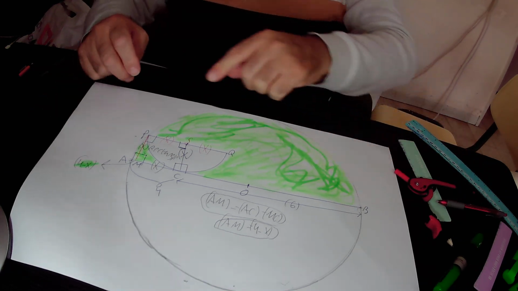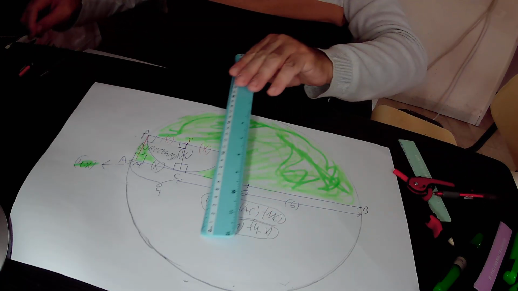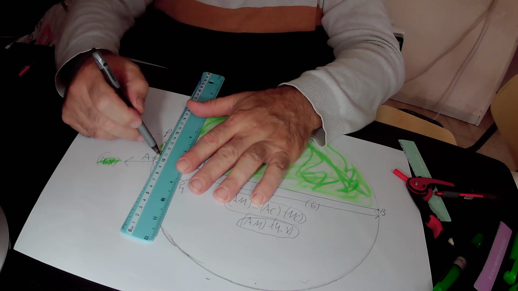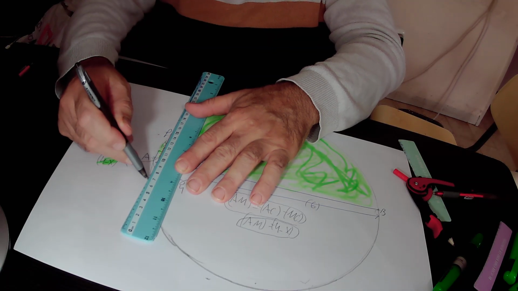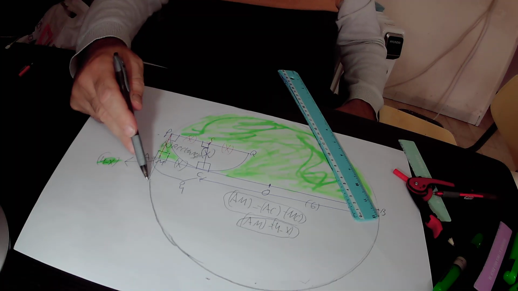Then we'll extend tangent PM by a straight line until it touches the circle. We define the touching point of the extended tangent PM with this circle as point N.